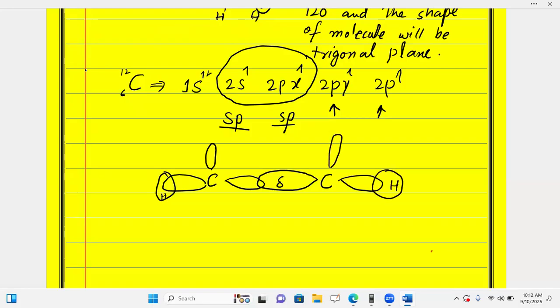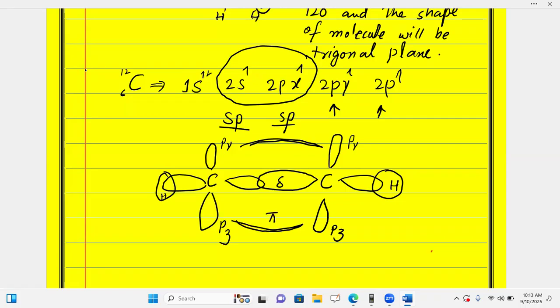And py is present over here, pz is present over here. Here again, py is present and pz is also present. Now, what is happening basically? We can say these p orbitals are going to show the parallel overlap. This is also going to show the parallel overlap, which is responsible for making the pi bonds.